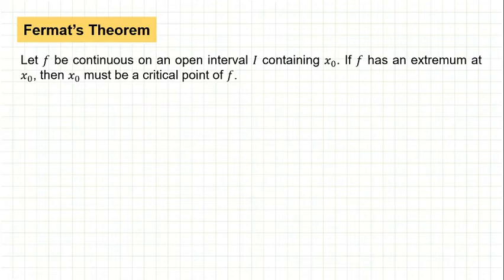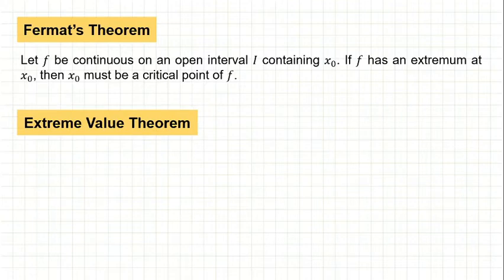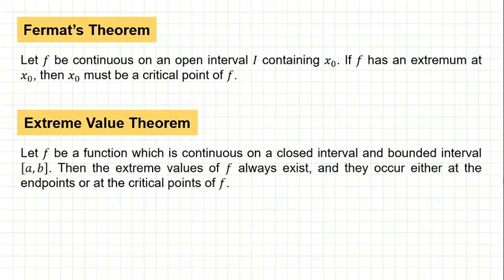Okay? And we have the extreme value theorem. Let f be a function which is continuous on a closed and bounded interval [a, b], then the extreme values of f always exist, and they occur either at the endpoints or at the critical points of f.